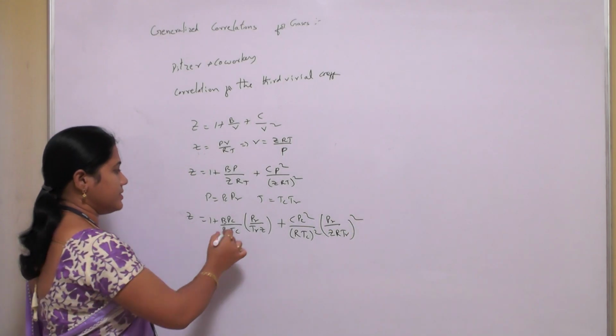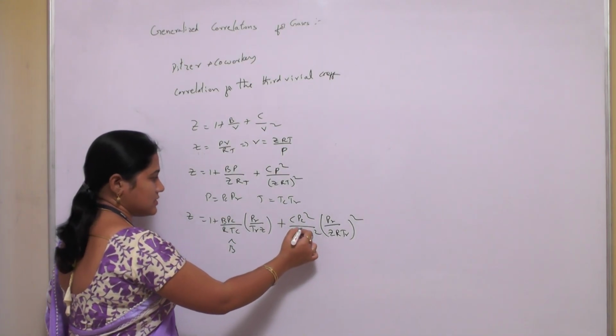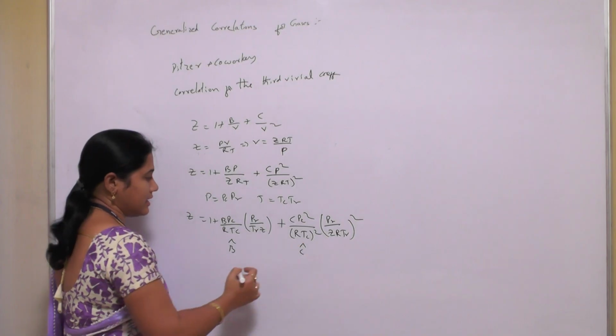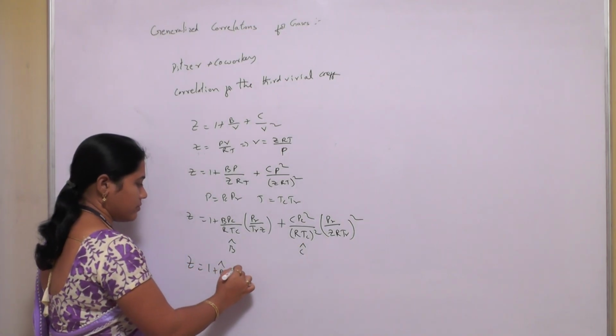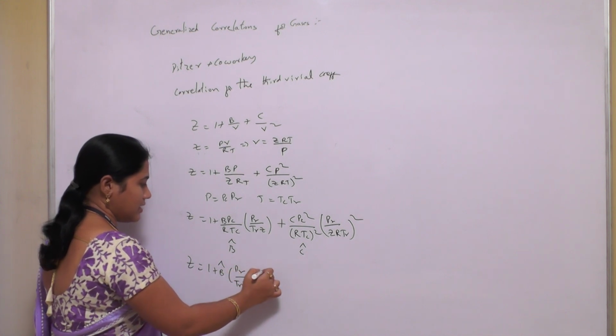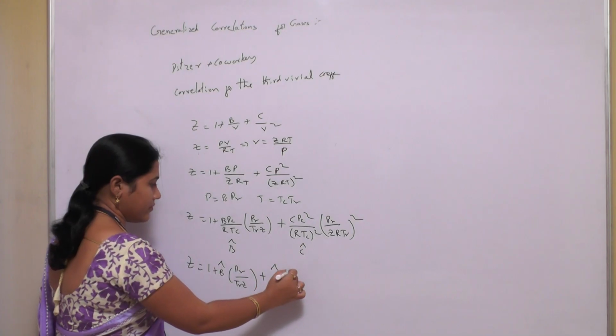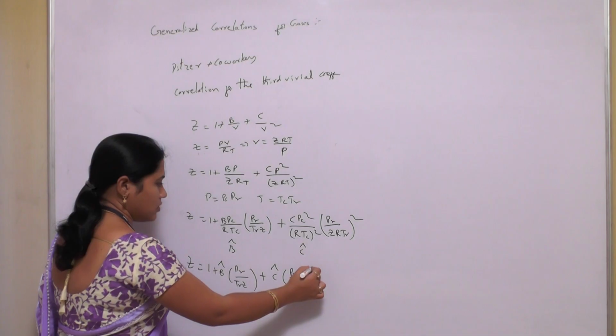BPC by RTC is nothing but B cap, and CPC square by RTC square is nothing but C cap. So Z equals 1 plus B cap PR by TR into Z, plus C cap PR by ZTR whole square.